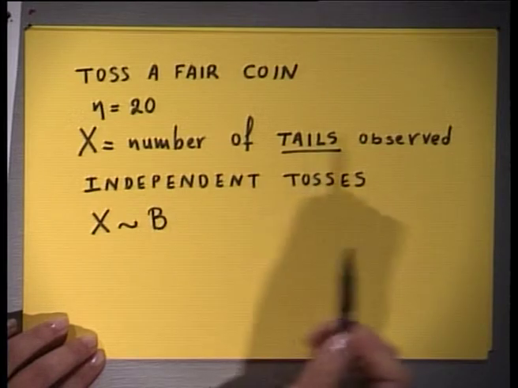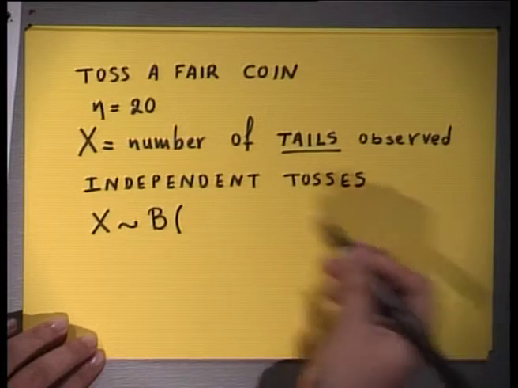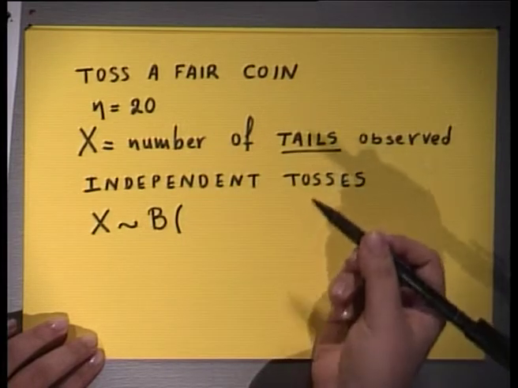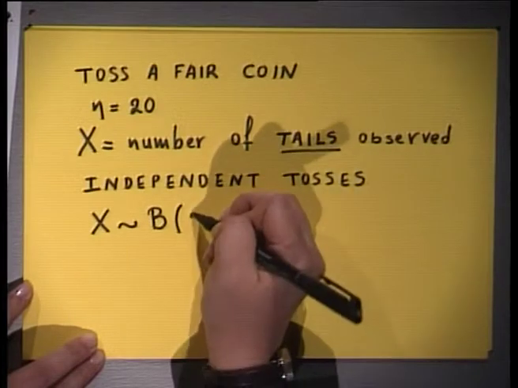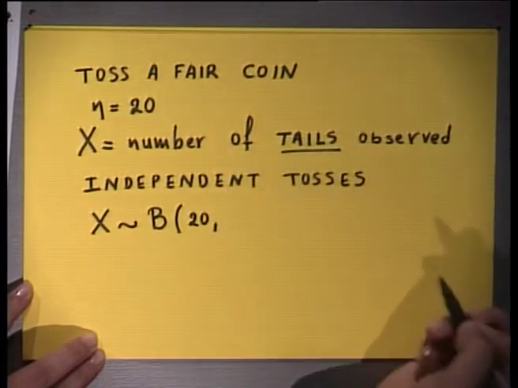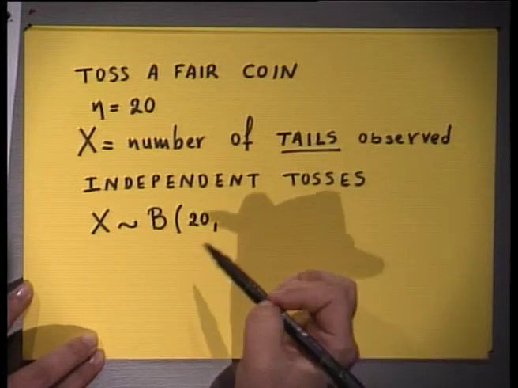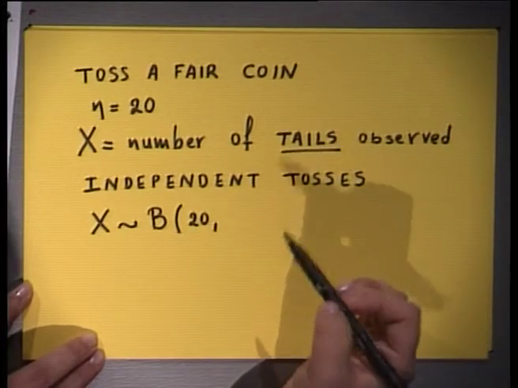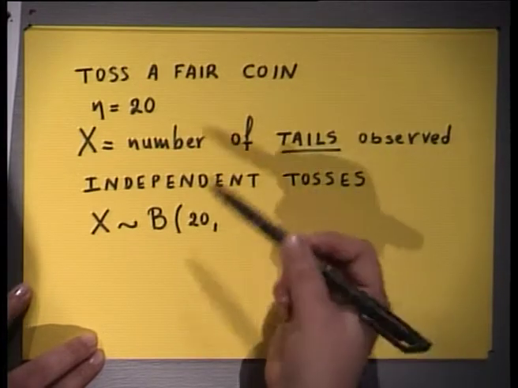We said that B will denote our binomial distribution, and we need to define n and p. n for us is 20. Now p will be the probability of what we are interested in.